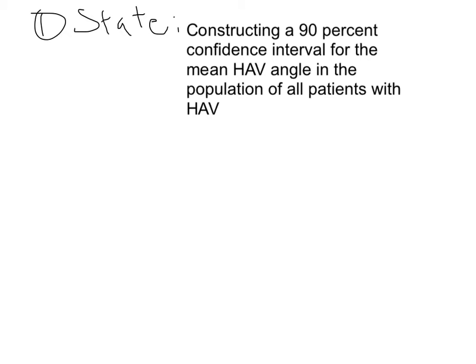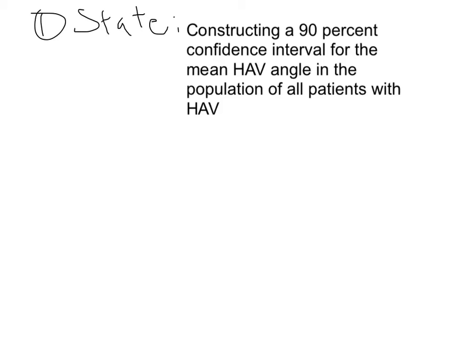So make sure when you are writing the first step out that you are very specific with who the population is and with who you will be studying and the sample and what you're actually searching for.